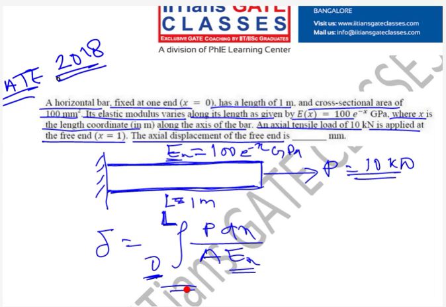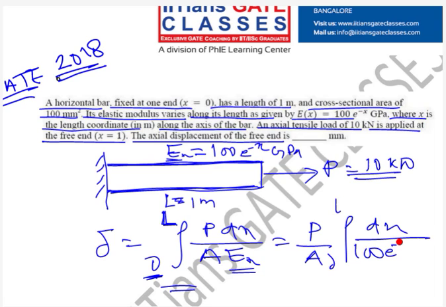Let's do this integration. What will you get? P is constant, area is constant, I can take them out. So it is integral 0 to L dx upon 100 e power minus x, in gigapascal.